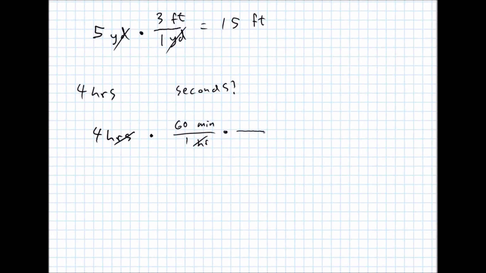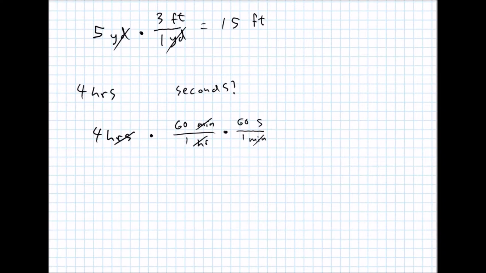I'm going to multiply by another factor, cancel out the minutes, and leave me in seconds. There are 60 seconds in 1 minute. Minutes cancel out, and I will be able to convert from hours into seconds. Seconds are the only unit left on top.